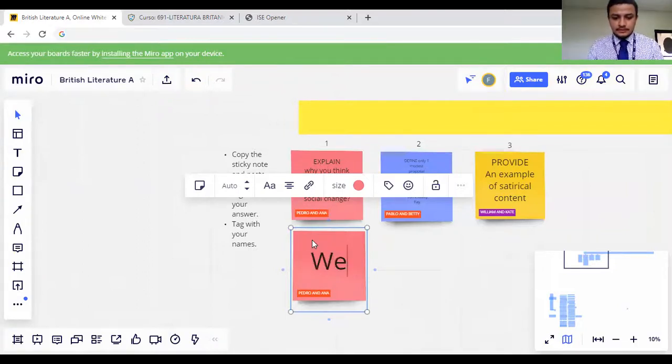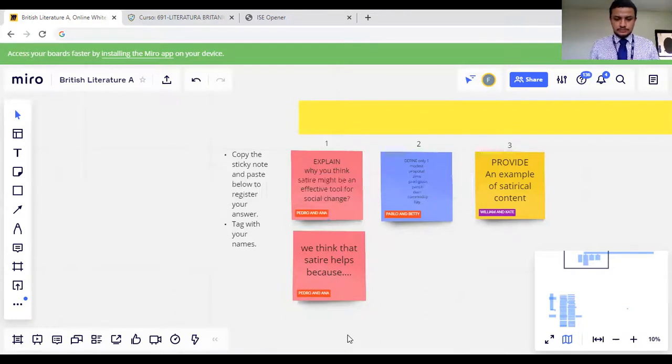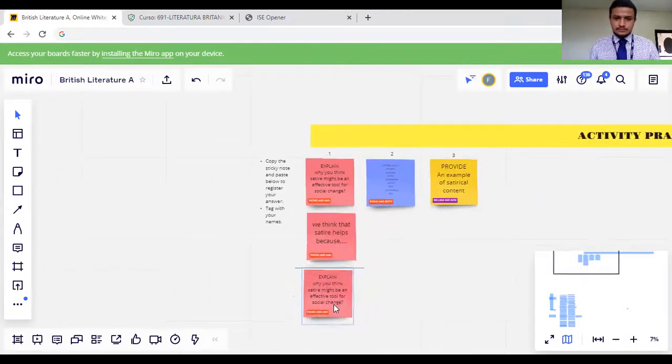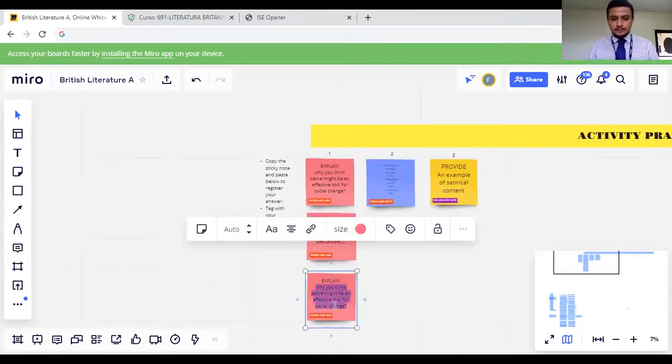We think, for example, make it short, we think that satire helps because blah, blah, blah. And then the other group, if you see already one over there, you paste it below. We think blah, blah, blah.